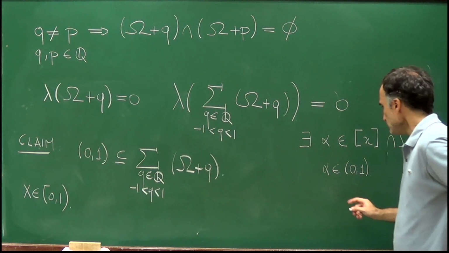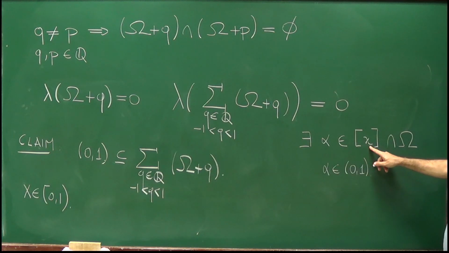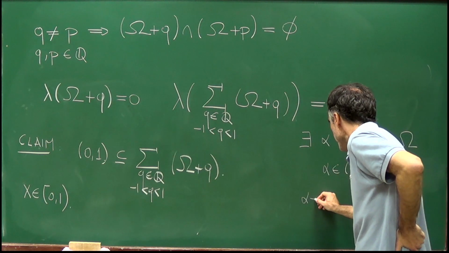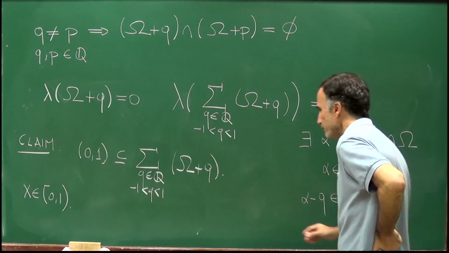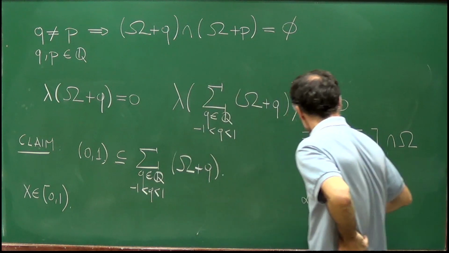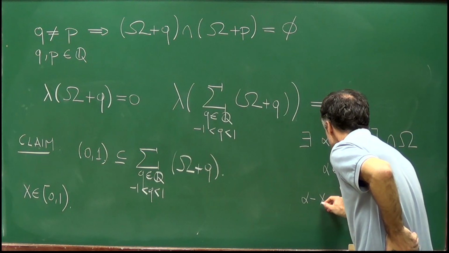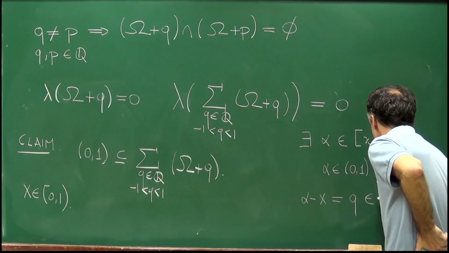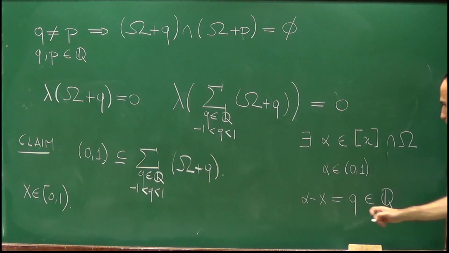Since alpha belongs to the equivalence class of x, we know that alpha minus x, which I will call q, is a rational, because alpha and x are equivalent.